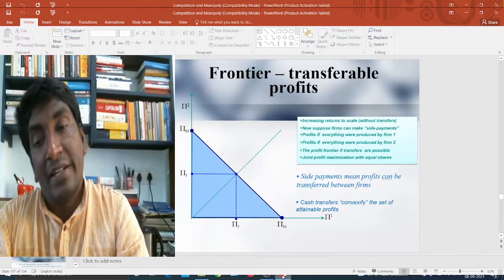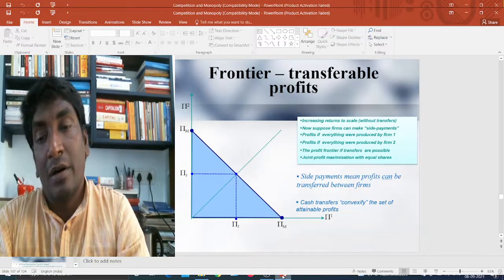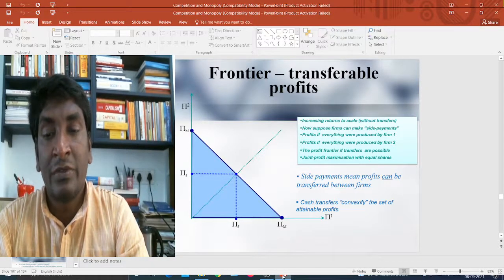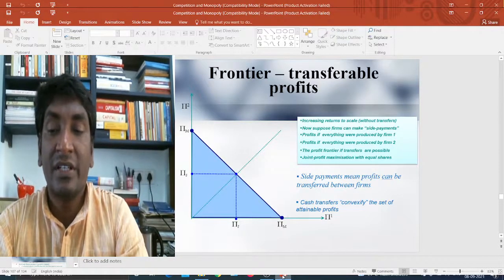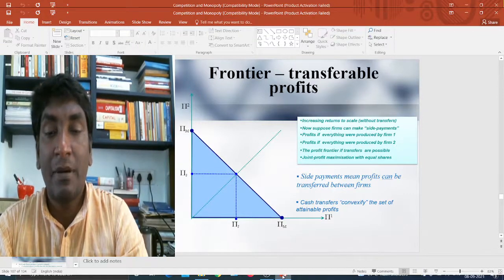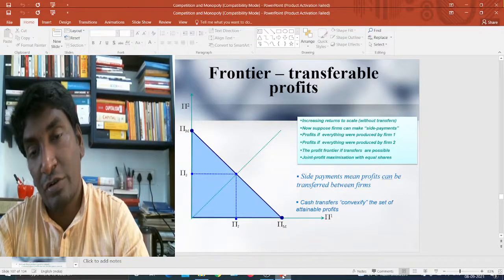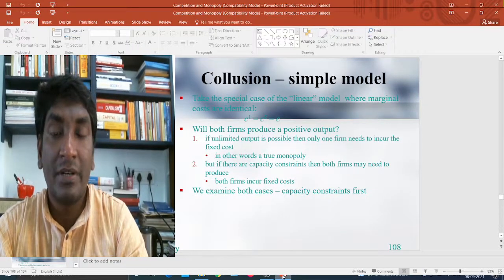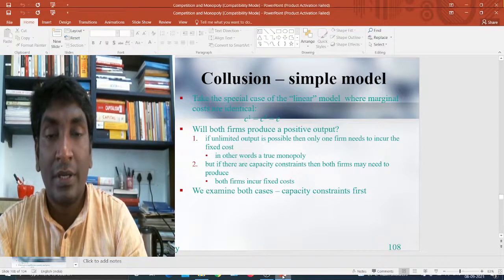Now, a side payment means profit can be transferred between firms, and cash transfer affects convexity, the set of attainable profits, etc. So this exhausts the whole idea of Bertrand's duopoly.